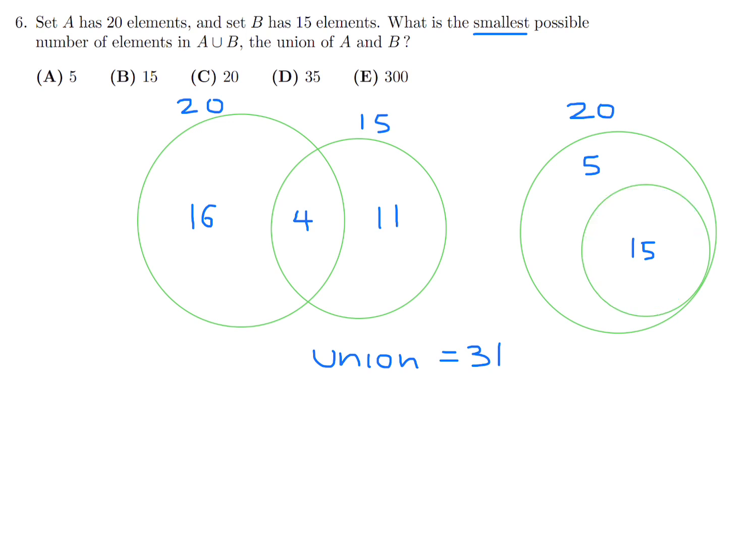The bigger circle has 20 elements, and it definitely has 20 in this case because 5 plus 15 is 20. But what is the union in this case? The union is what's in either circle, which is 5 plus 15. So as you can see, the smallest union is when set B is entirely inside set A, and in this case that would be 20. So number 6, the answer is C.